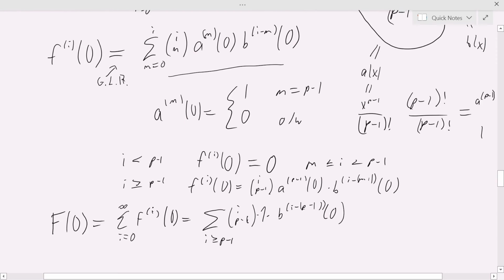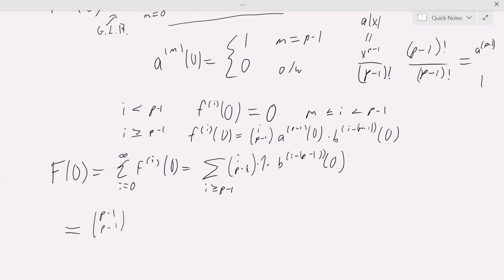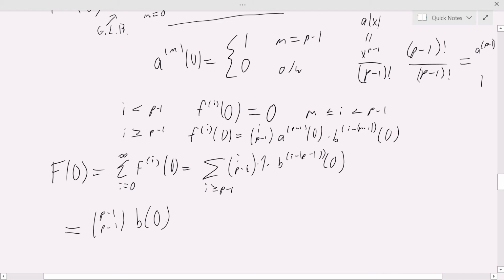So if we just expand a few of these terms out to get an idea of concretely what we're summing here, the first term, when i equals p minus 1, we're going to have p minus 1 choose p minus 1 times, now notice the index for the derivative of the b function is going to be p minus 1 minus (p minus 1). So in other words, it's just the 0th derivative, or the b function itself, evaluated at 0.